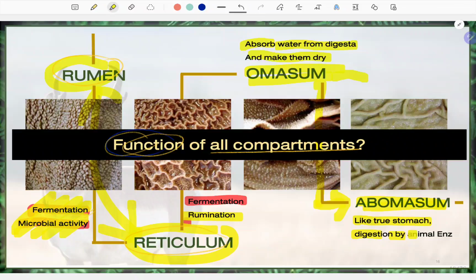Digestion is by host enzymes, the enzymes from the stomach: HCl, hydrochloric acid, and pepsinogen, a zymogen enzyme.